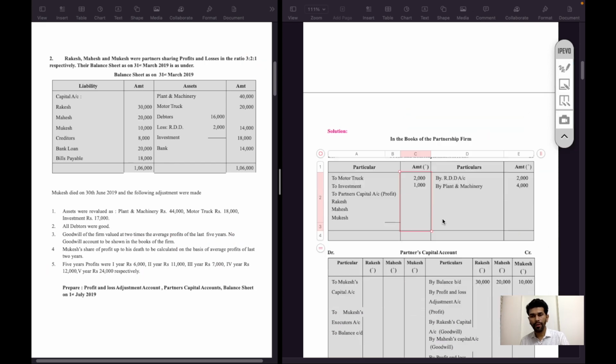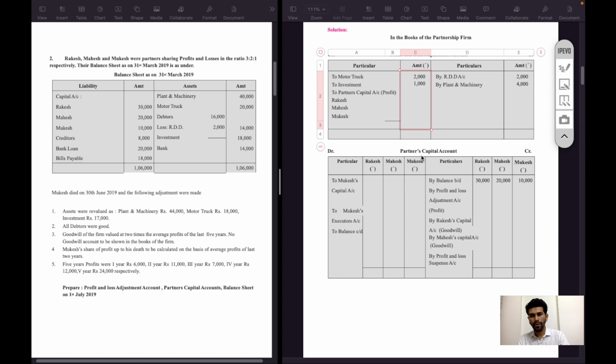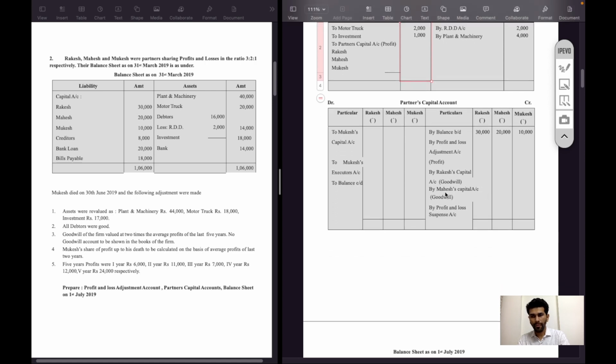So the amount of goodwill on partners' capital account credit side: Rakesh capital account 2,400 and Mahesh capital account 1,600.